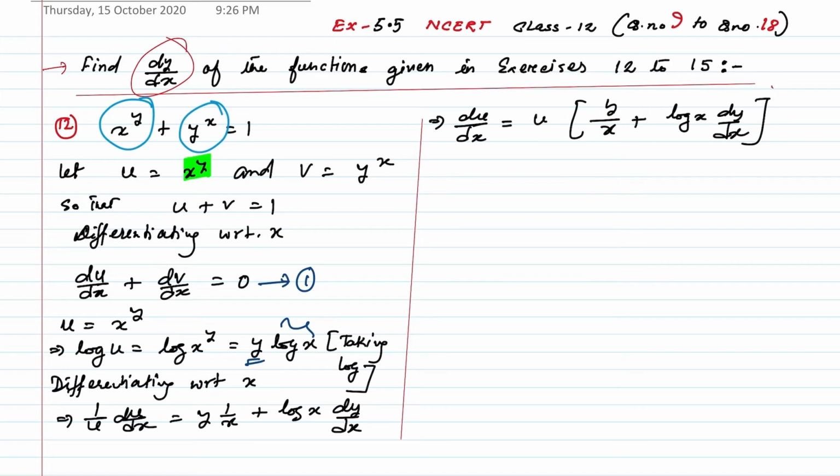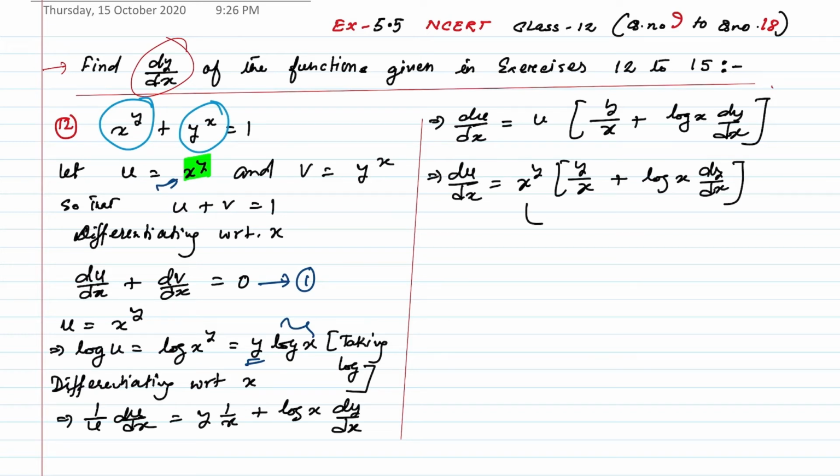Now replace the value of u by x to the power y, then you will get du by dx is equal to x to the power y into y by x plus log of x dy by dx.